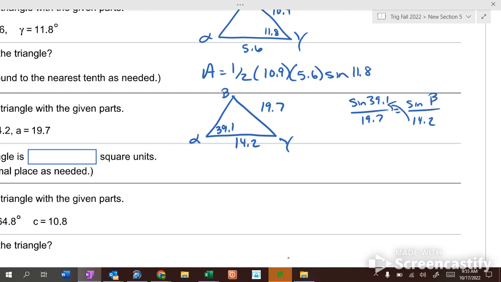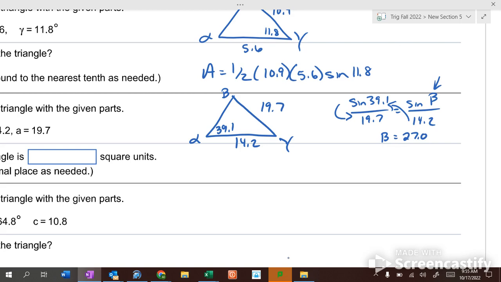So go this times this divided by this, inverse sine of this. So 14.2 times the sine of 39.1 divided by 19.7, inverse sine of the answer, and beta equals 27.0.